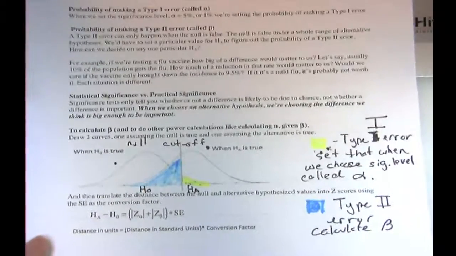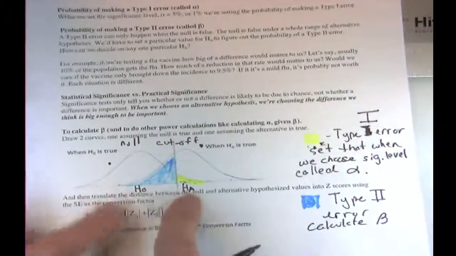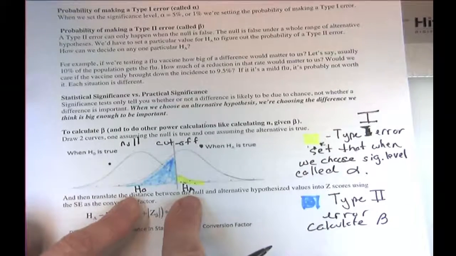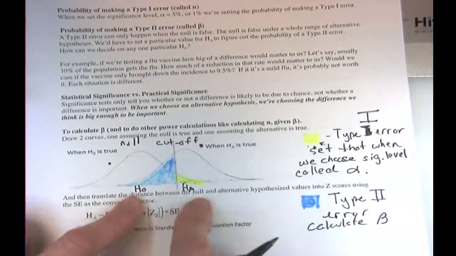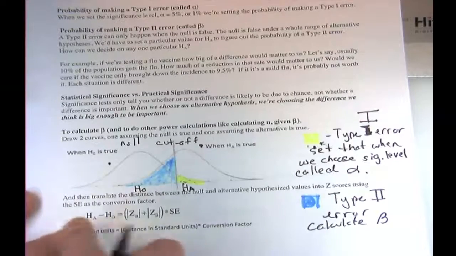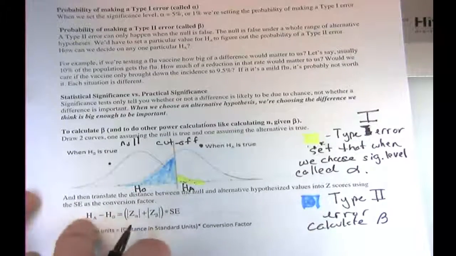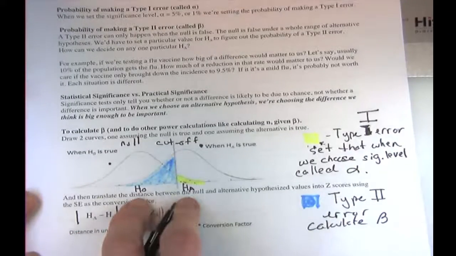And what we're going to do is translate this distance here, which is called the effect size. In our last example, it was those 5 points, this difference that we're trying to detect, which, I should put absolute values here, is the size of the effect.